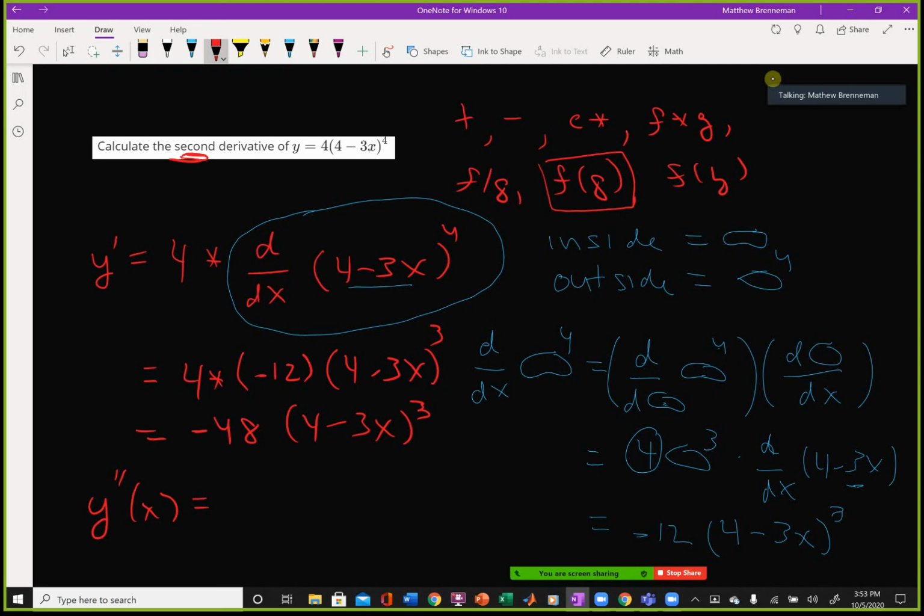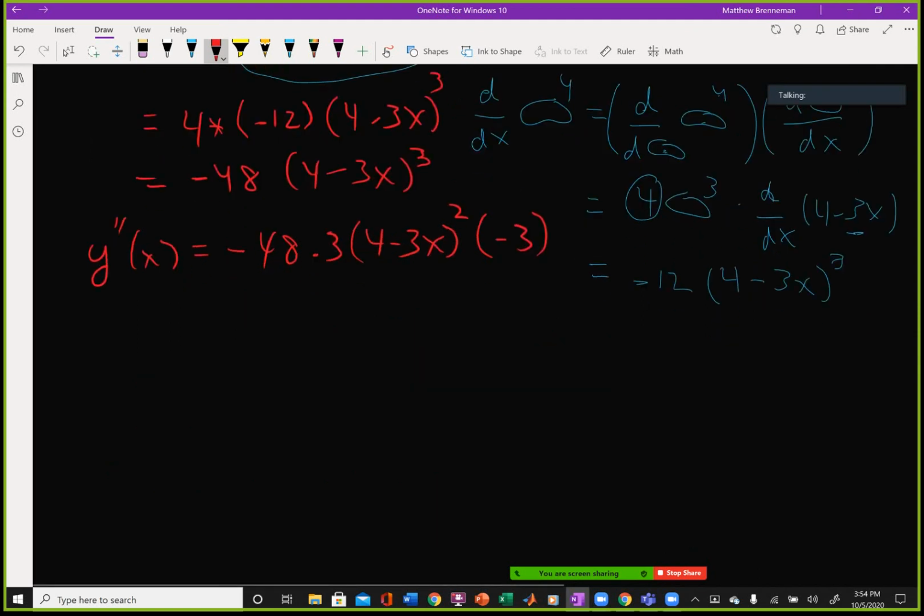We're just going to try to do this without a lot of extra work. So this is blob to the 3rd. The derivative of blob to the 3rd with respect to blob is going to be 3 times blob squared. And the derivative of blob, which is 4 minus 3x, becomes minus 3.